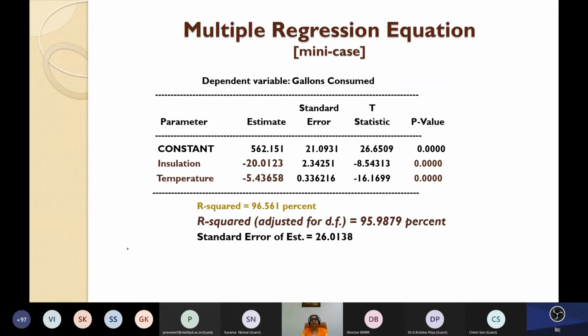So here you have done the multiple regression analysis on any software. You can use Minitab, you can use Excel, you can use SPSS, and you estimate.